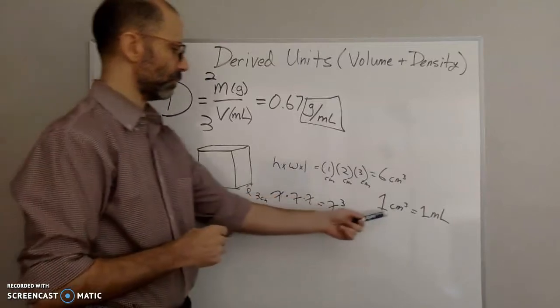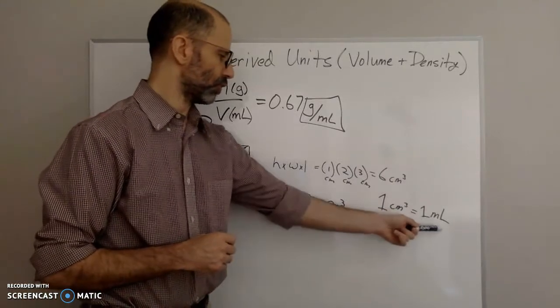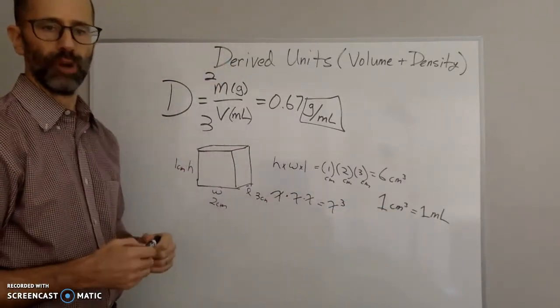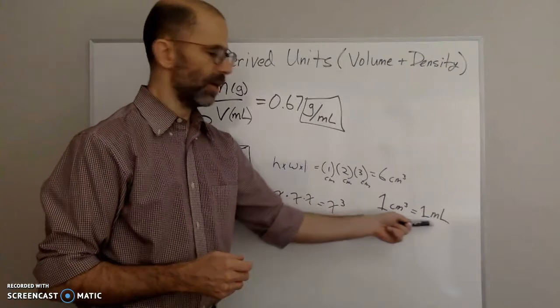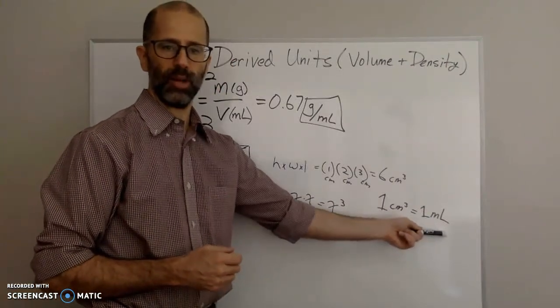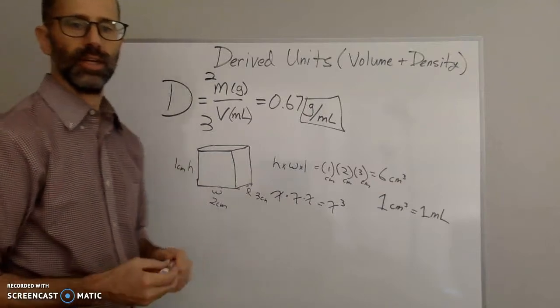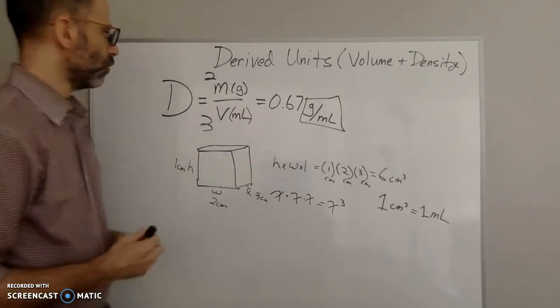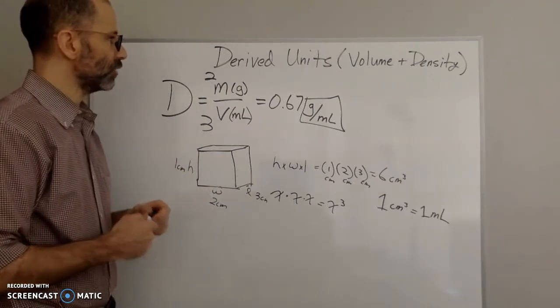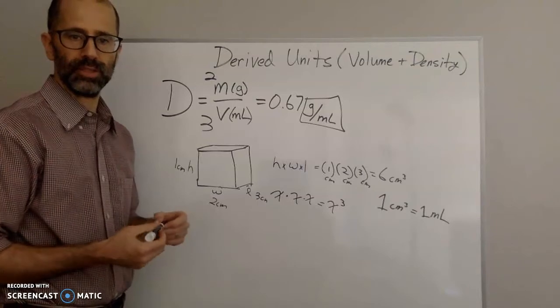So 1 centimeter cubed of volume is equal to 1 milliliter of volume. And milliliters is a common unit that we are going to be using a lot. Milliliters, liters, things like that. So that's an introduction to derived units.